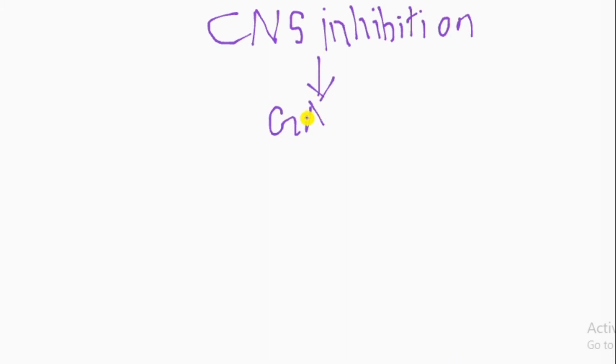Central nervous system inhibition is achieved by a neurotransmitter known as GABA, or gamma-aminobutyric acid.